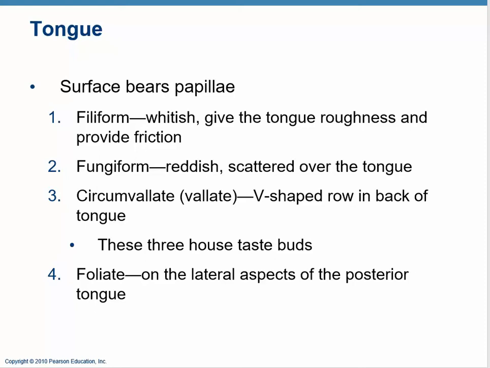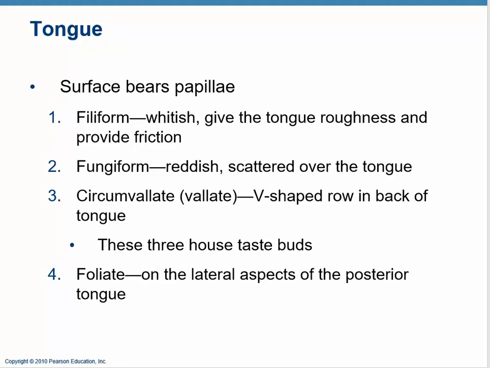There's one type that actually have a hard keratin in them, and they're called the filiform, and they give the tongue a file texture. Like it's for rasping. It gives the tongue roughness. It provides friction on the tongue.